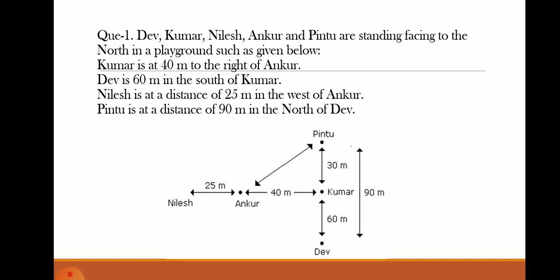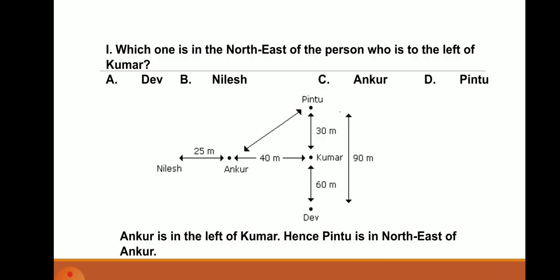To reduce the time, you can just write the initials of all the persons, such as N for Nilesh, A for Ankur, K for Kumar, D for Dev, and P for Pintu, and all the distances you can mark approximately.